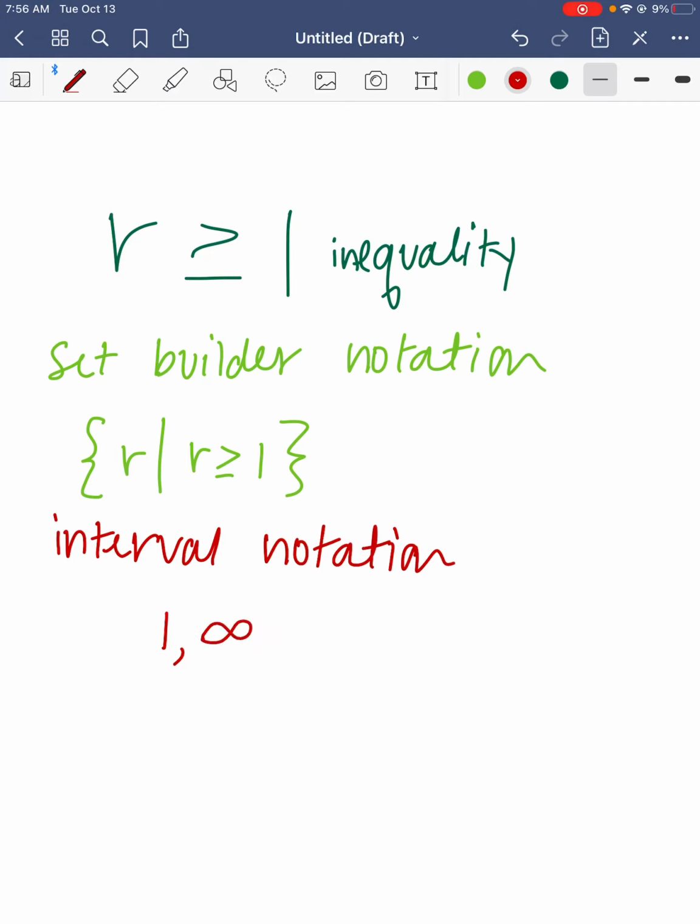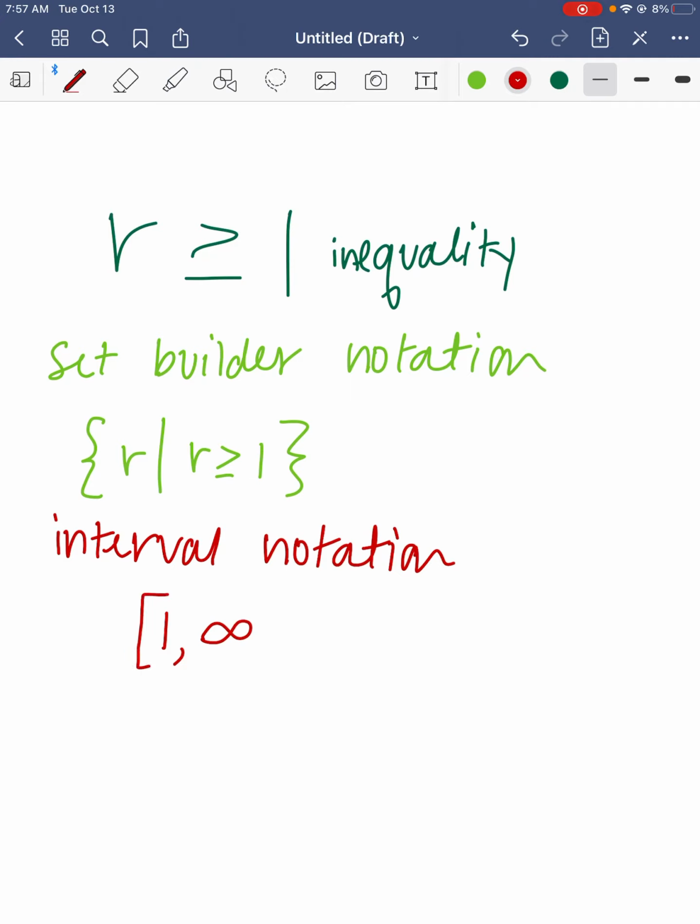Okay, and then we use parentheses for numbers that are not included. Okay, and we use brackets for numbers that are included. So since we have this equal to bar underneath our inequality symbol, that means that r can be equal to 1, and 1 is included in the solution set.